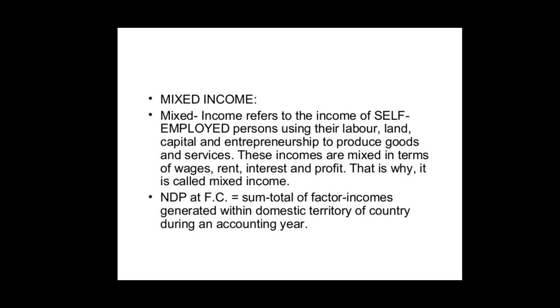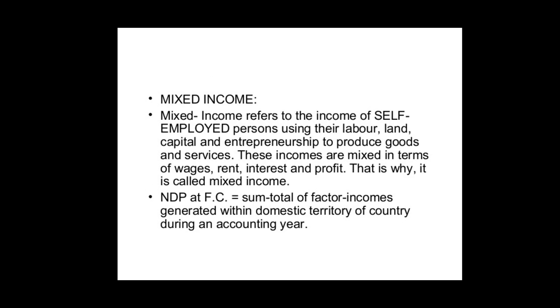These incomes are mixed in terms of wage, rent, interest, and profits, and these elements cannot be separated from each other. That is why these are called mixed incomes. For example, the income of a doctor running a clinic at his residence.